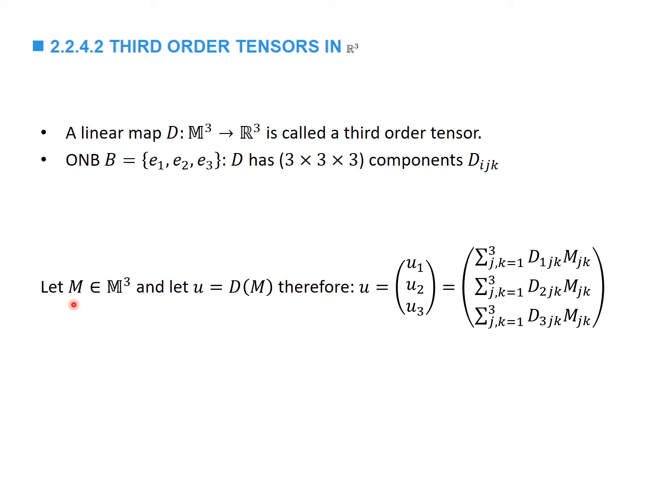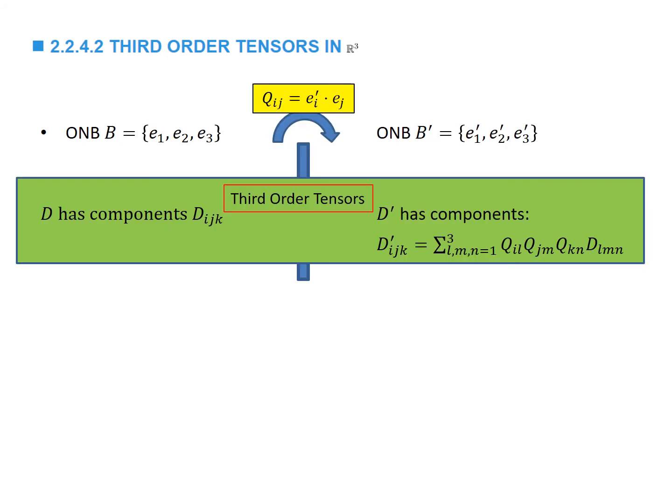Given an arbitrary matrix M, the vector arising from the application of D on M has 3 components. Each component is obtained by multiplying the respective components of D with the respective components of M. So U1 is equal to the sum of the respective components of D multiplied by the respective components of M. We will now investigate how the components of D, namely D sub ijk, change when a new orthonormal basis set B prime is used.